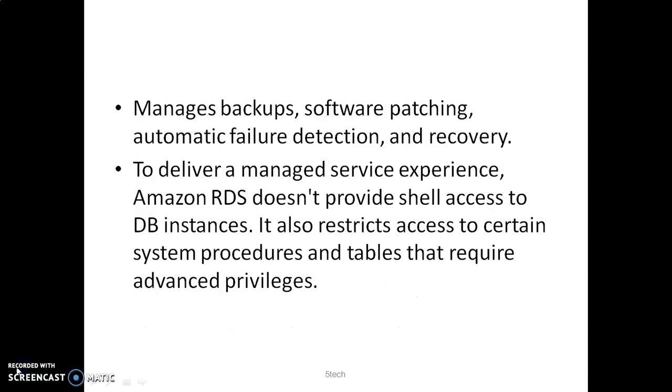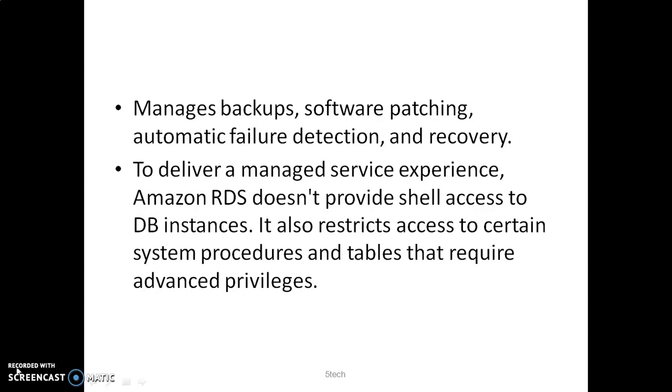There are some major tasks which are taken care of, which are very important in real-time scenarios or when large enterprises are running critical applications. It manages backups, software patching, automatic failure detection and recovery.